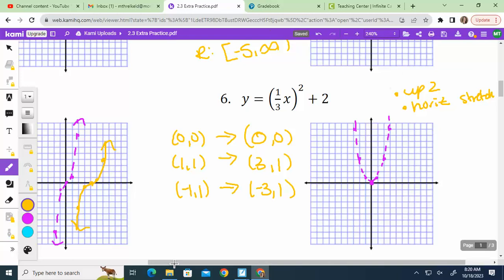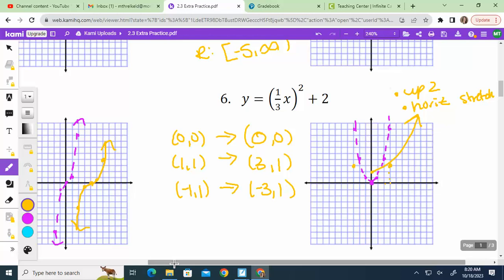So 0, 0 stays, then up 2. 1, 1 would go to 3, 1. And then up 2. -1, 1 would go to -3, 1. Then up 2.